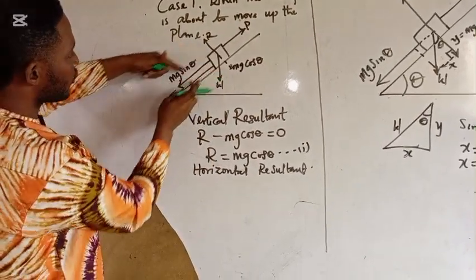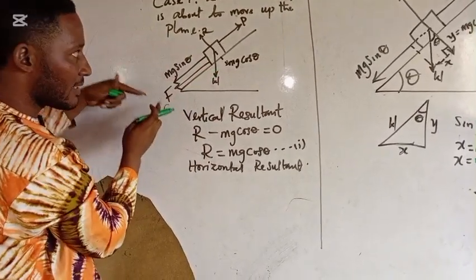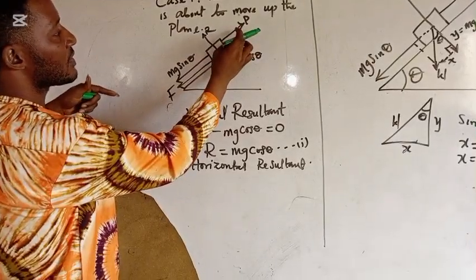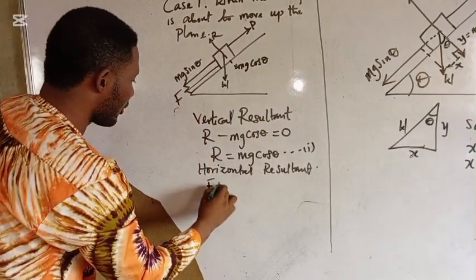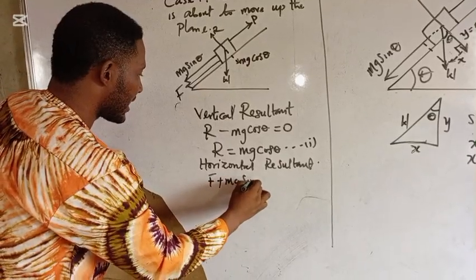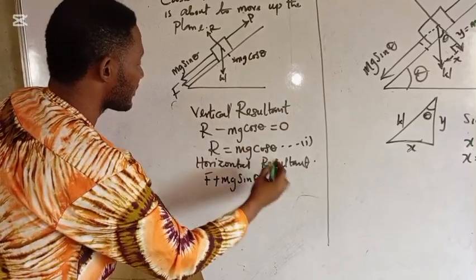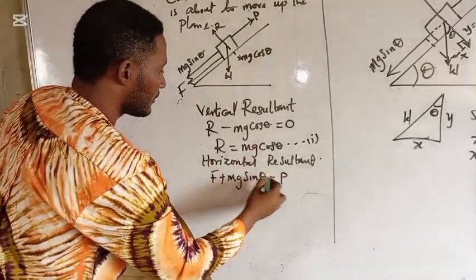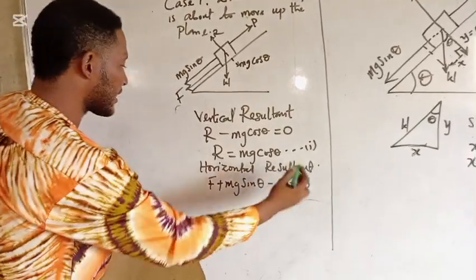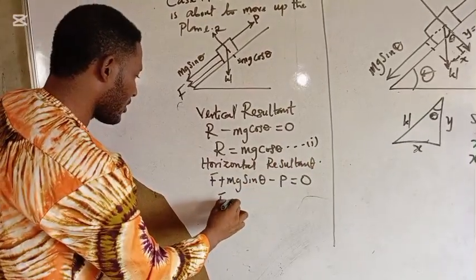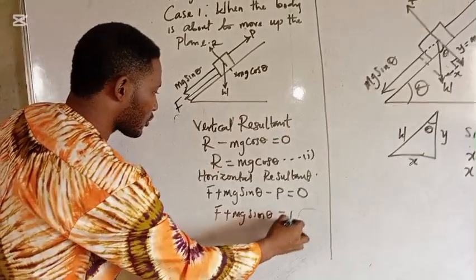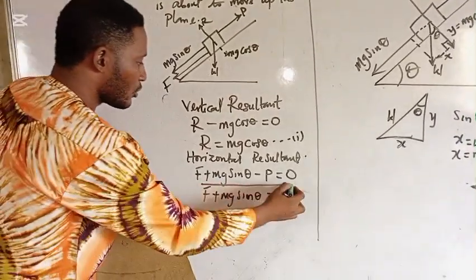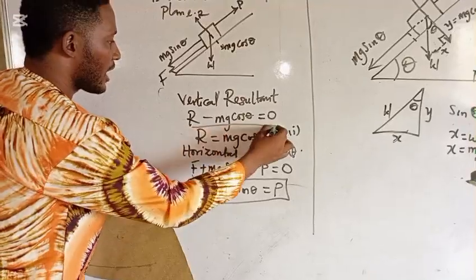Now, since these two are acting in the same direction, you add them, then this one acting in the opposite direction to it will be subtracted from that. So we are going to have F plus mg sine theta minus P equals 0. So if you transpose P, we are going to have F plus mg sine theta equals to what? P.